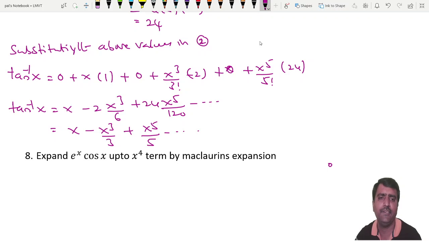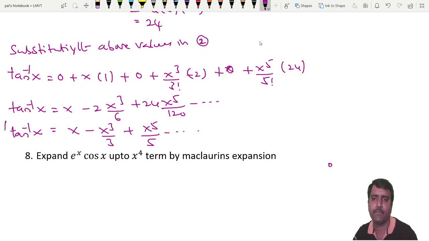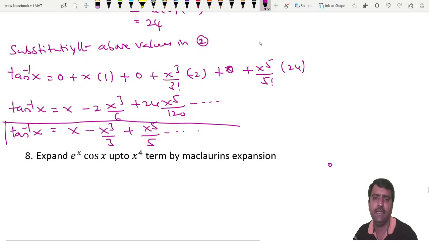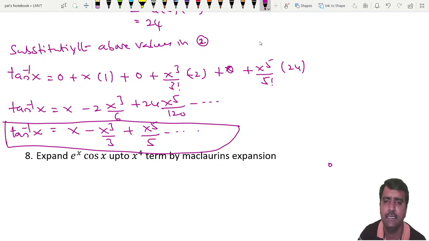Similarly you get minus x to the power 7 by 7 plus x to the power 9 by 9, and it continues like that. So this is the expansion of tan inverse of x by using Maclaurin's series. So obtain this by using Maclaurin series.